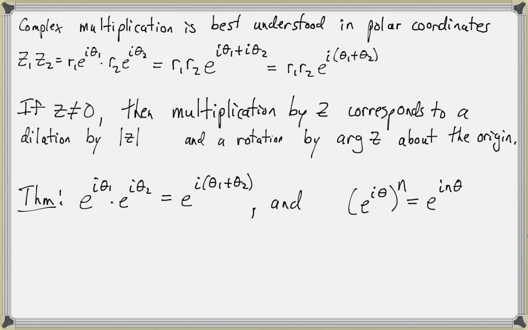Now, these are just common exponent rules, but we see that when we write this in polar form, we have actually a very useful identity. And this in polar form is called de Moivre's theorem, or de Moivre's formula.